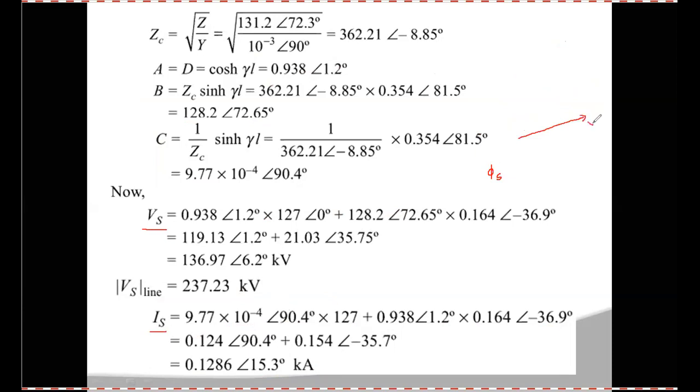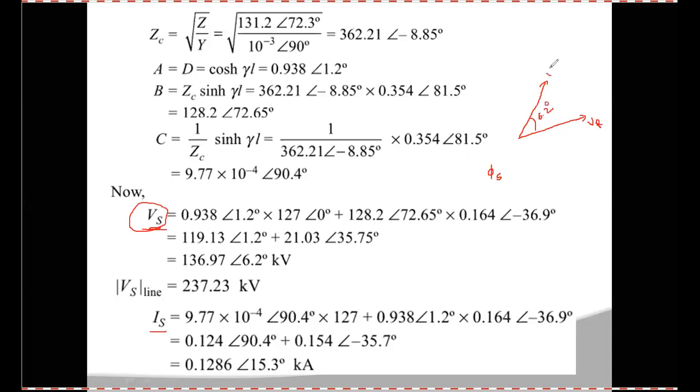Now here in this problem, VR is your reference. Okay. So now the sending end voltage is 136.97 at an angle of 6.2 degrees. This is plus 6.2. So your sending end voltage will be leading the reference voltage by an angle of 6.2 degrees.